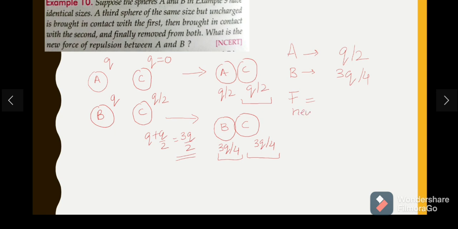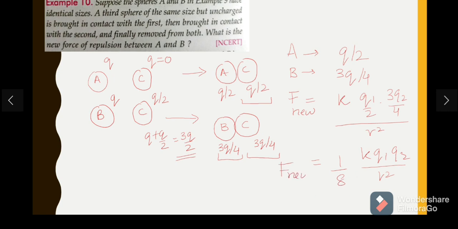Our new force would be K times Q1 by 2 times 3Q2 by 4 divided by R square, we are not changing the distance between them, so this becomes K Q1 Q2 by R square times 3 by 8.